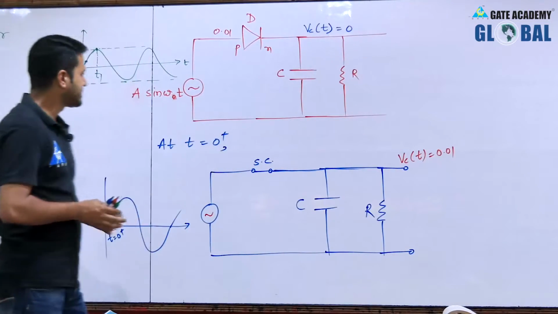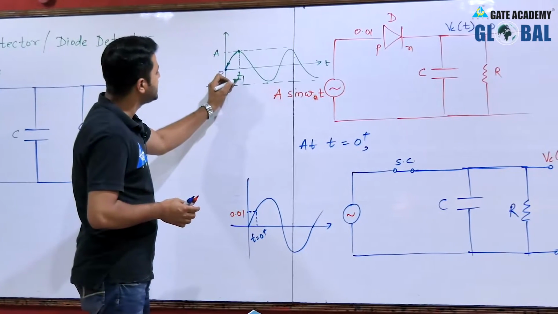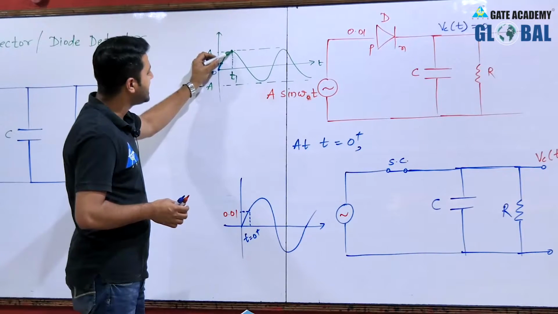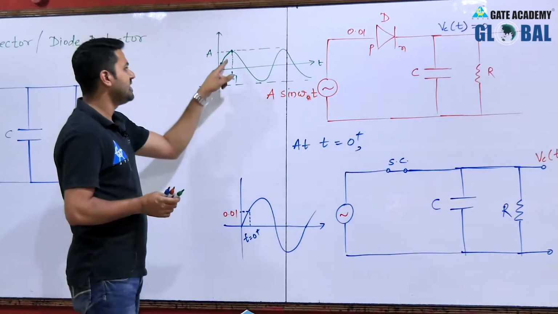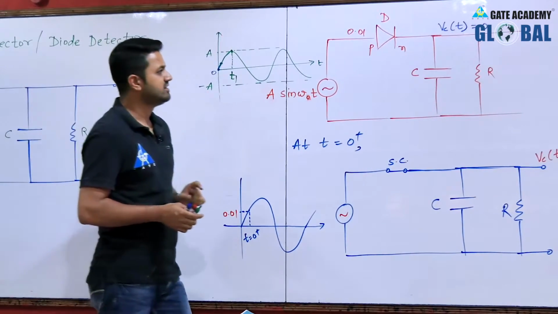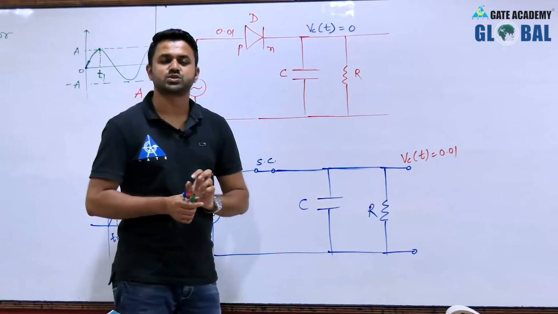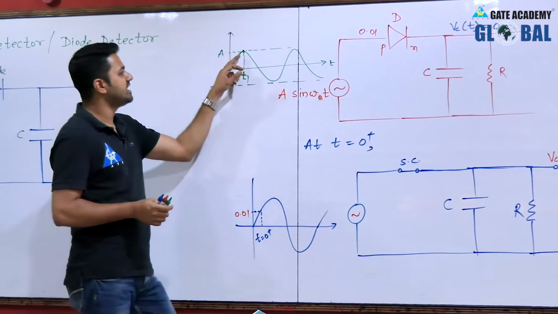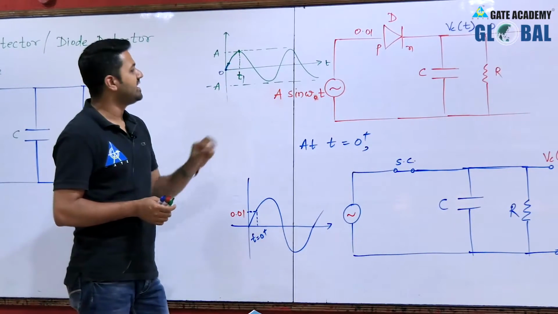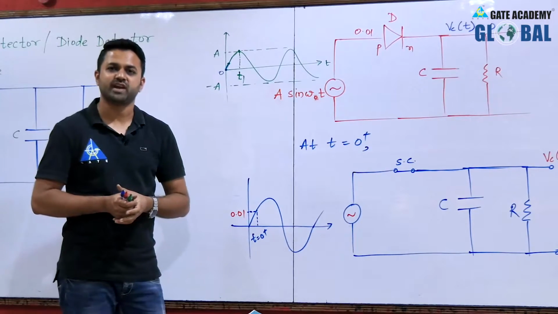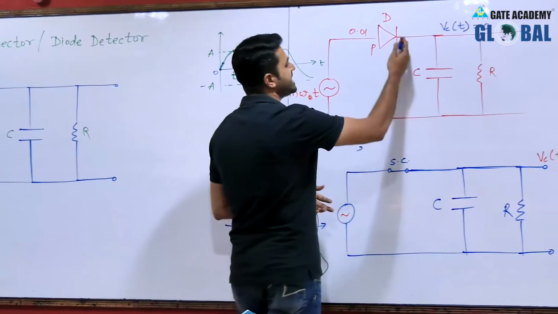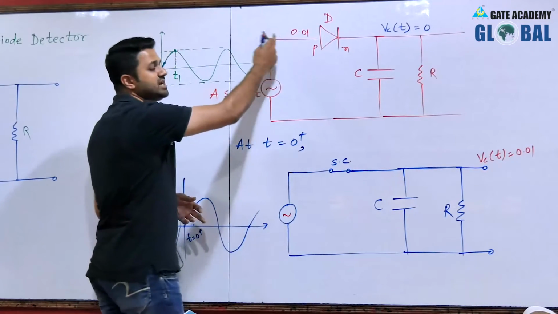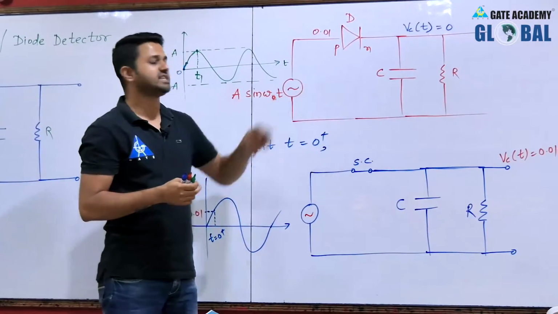Now what will happen? After time t equal to t1, this input starts decreasing. When the input starts decreasing, the capacitor has already been charged to the maximum value A, but now the input has started decreasing from the value of A, so the voltage at the N side, that is A, will be greater than the voltage at the P side.